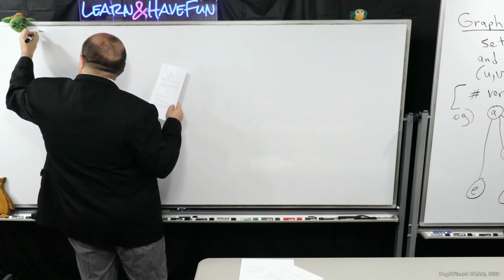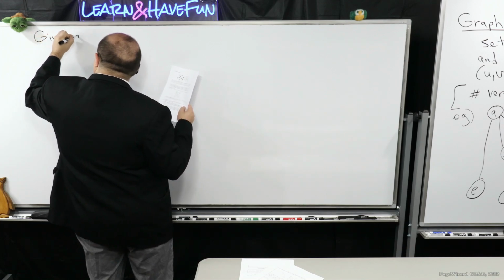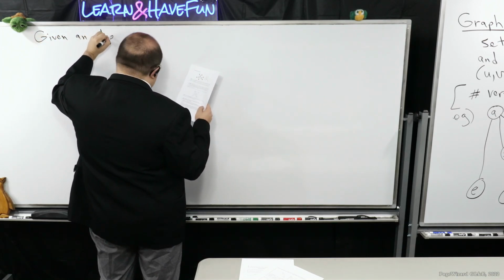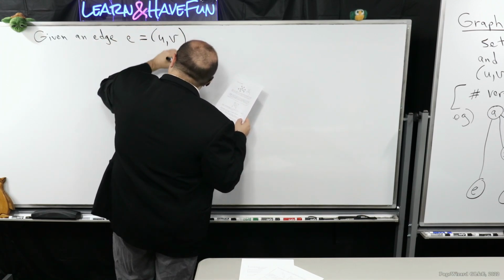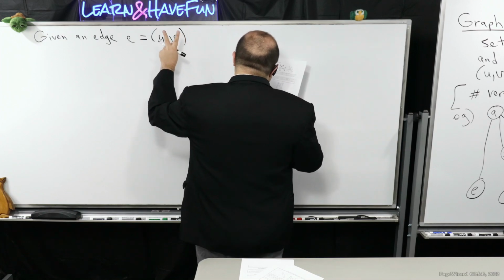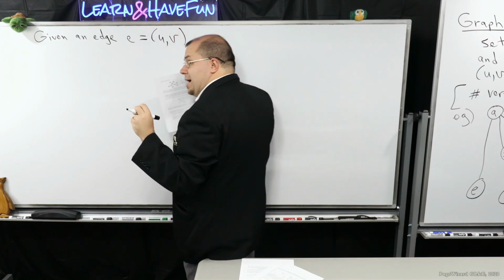So suppose we're given an edge, E, which is going to be, suppose it has these two vertices as its pair.